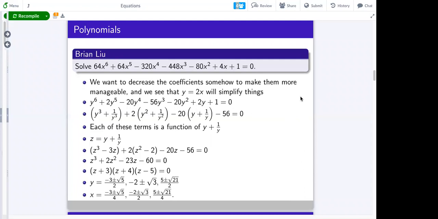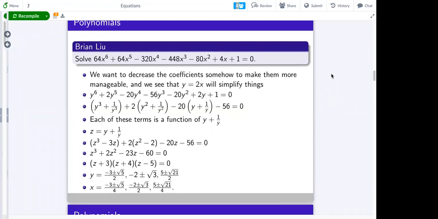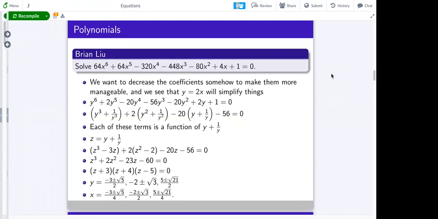The general takeaway from this question is, well, the substitutions in general, but in particular, if you have a symmetric equation such as the second bullet point, you can do this z equals y plus 1 over y substitution, and then this will basically halve the degree, right?